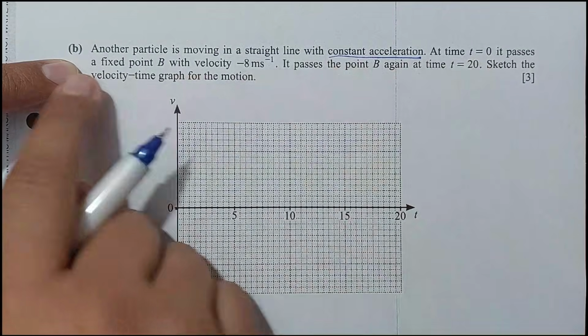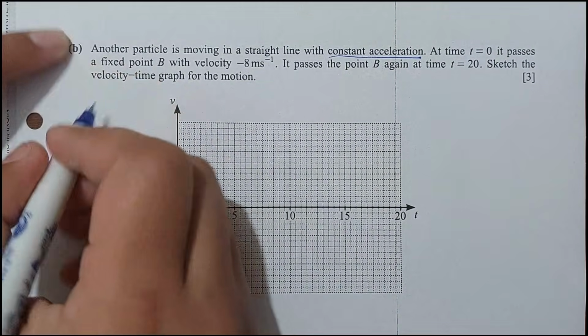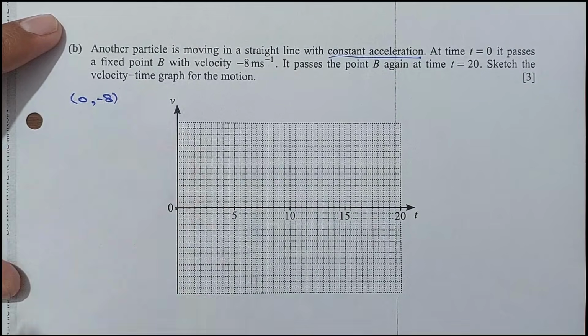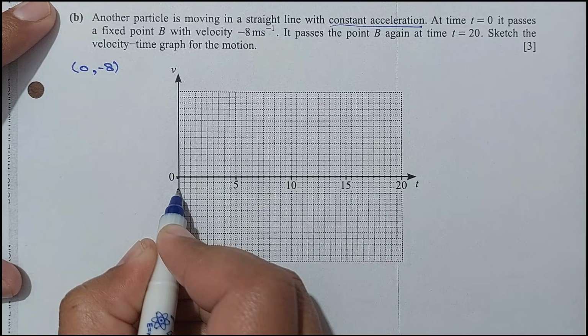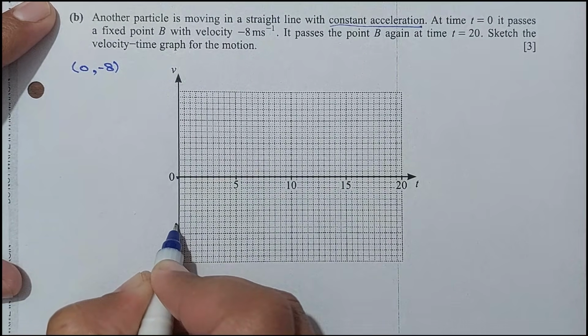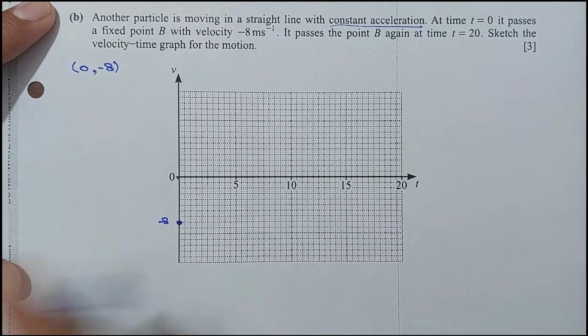When time is 0, the velocity is -8. It's the first coordinate we got. So -1, -2, -3, -4, -5, -6, -7, and -8. This is -8. This is my first point, right?